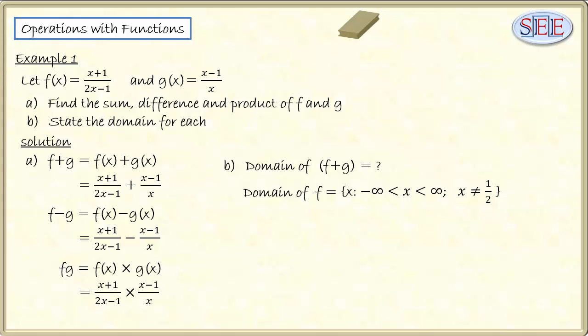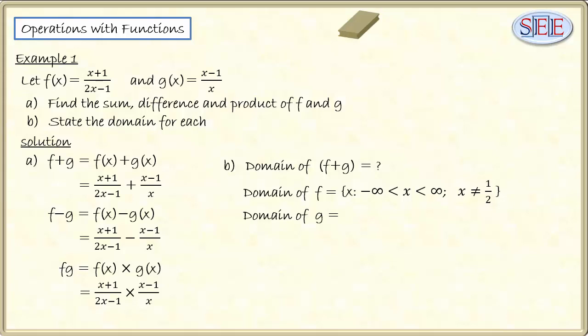I'll also get the domain of g. To get the domain of g, I'll look at the formula for the definition of the function g. That function g is x minus 1 all over x. As it is an algebraic fraction, I will consider the denominator. What value of x makes my denominator 0? It is x there at the denominator level.